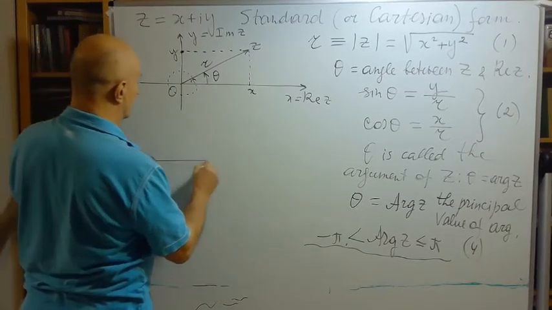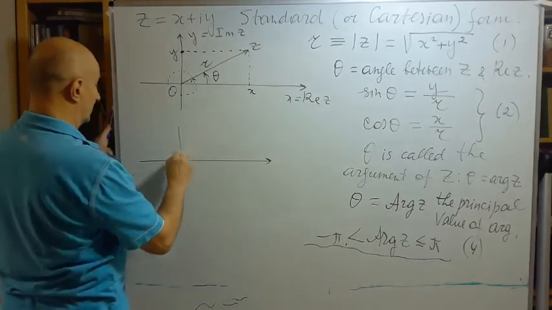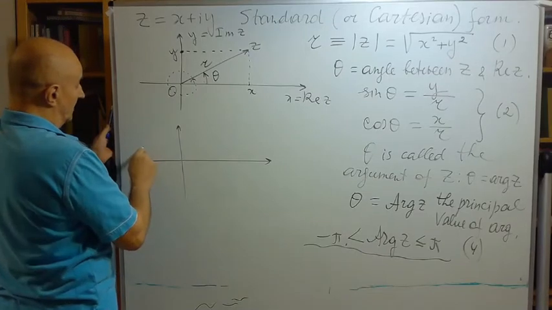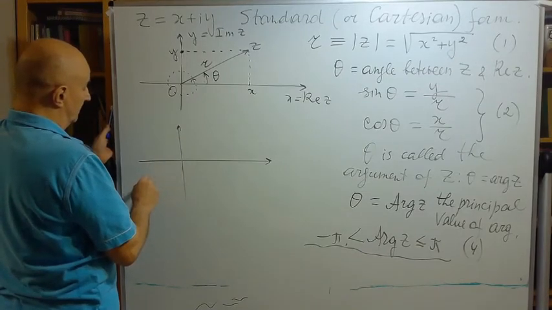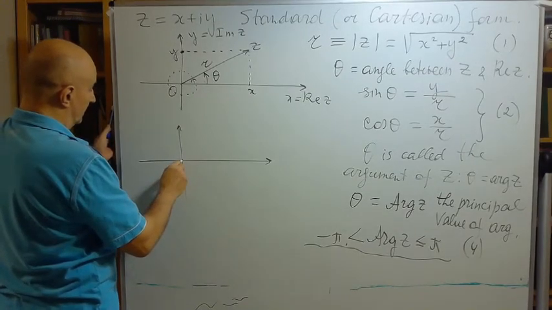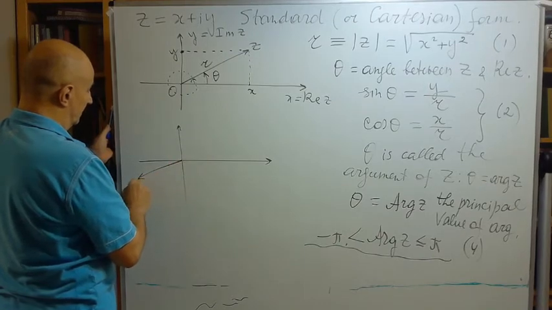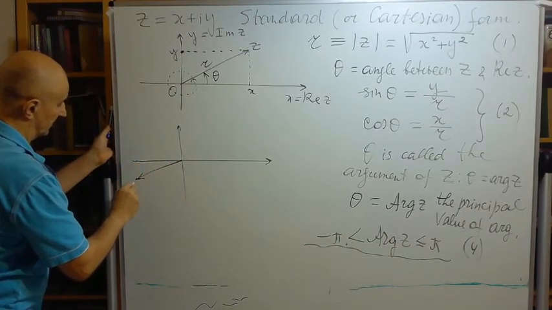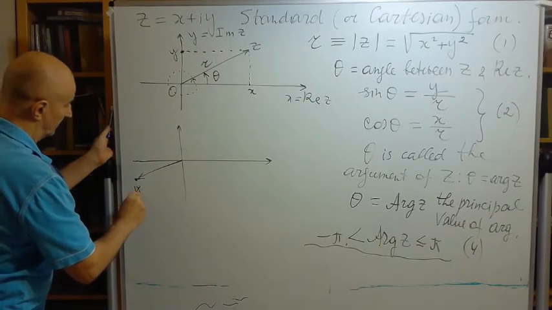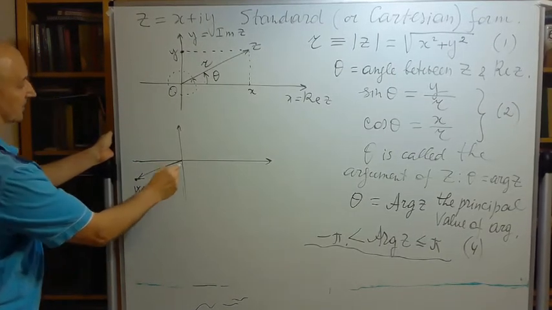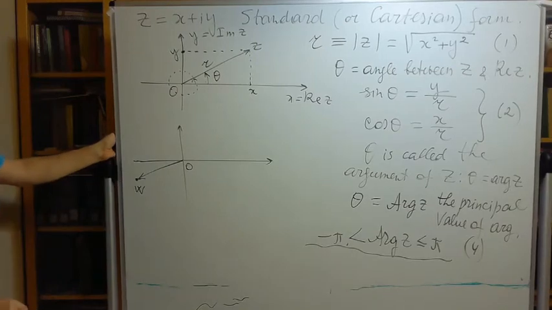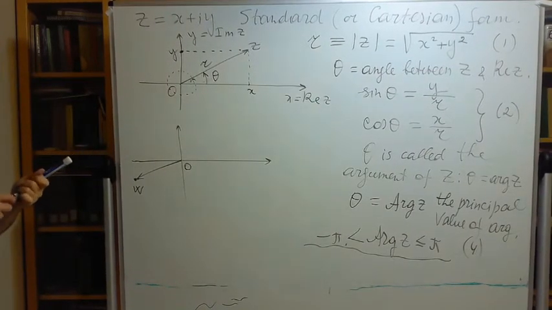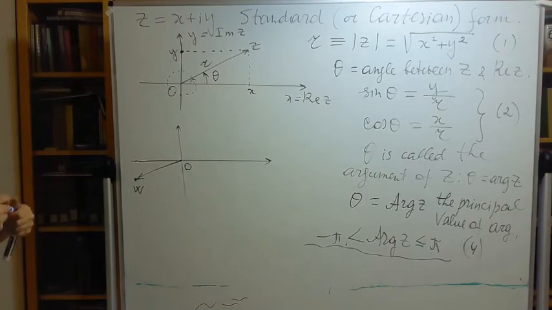If you have number z located here, if this is our number z, well, let's just take w, just to have a different notation. This is the origin, yes? And we have angles associated with this w.